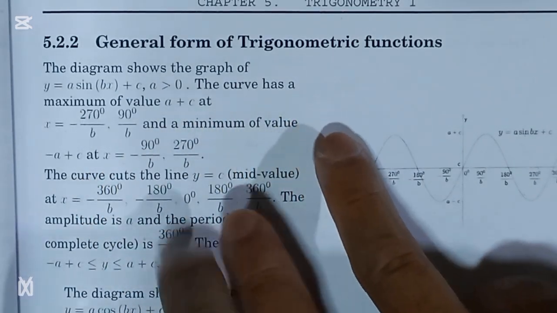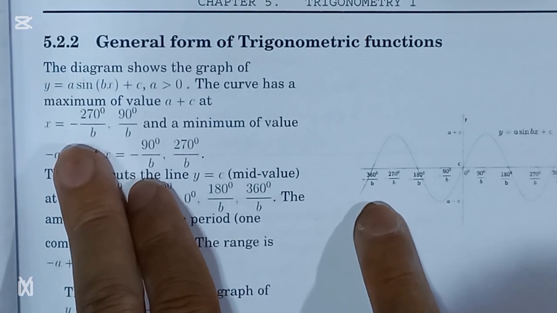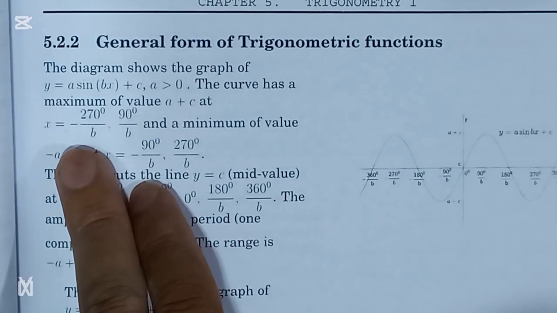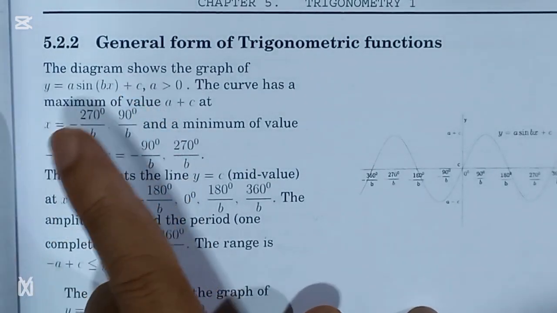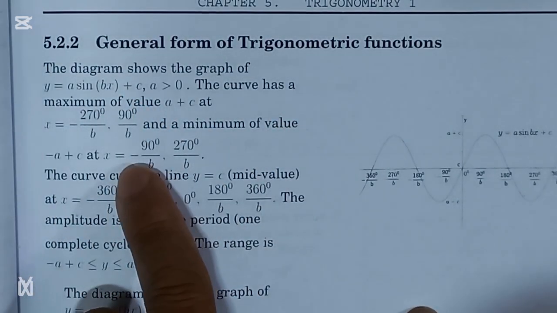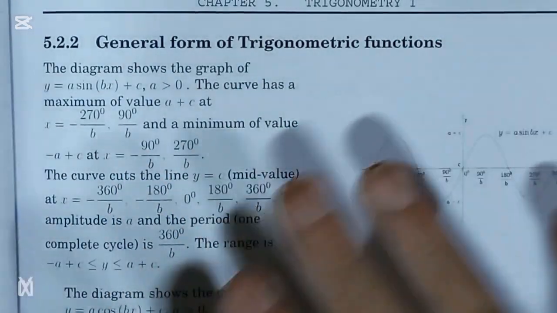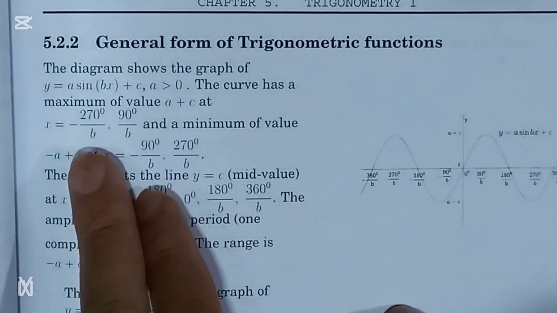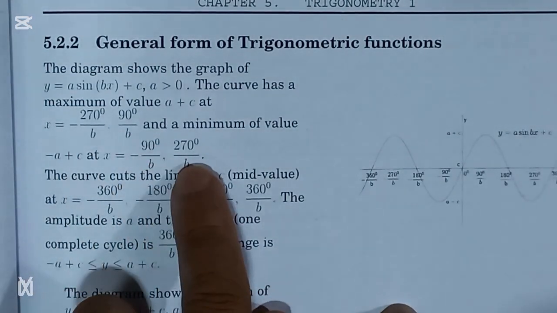Look now, from the curve, the maximum value of C plus A is at respective angles. In the graph of sine theta, the maximum value was obtained at minus 270 and 90, and the minimum value was obtained at minus 90 degrees and plus 270 degrees. If you have learned the concept, you will remember this.